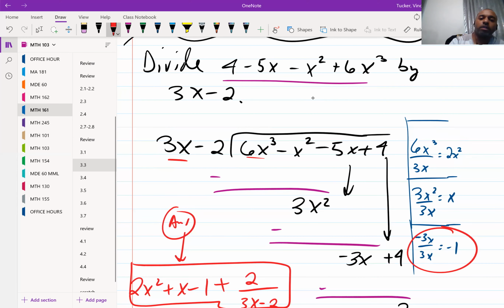So that's the first part of your answer. Once again, you take that 2x squared, multiply to each term out here. And that'll give you 6x cubed minus 4x squared.